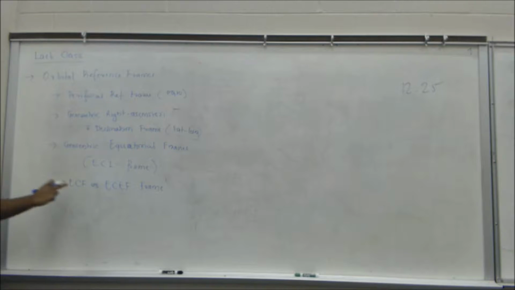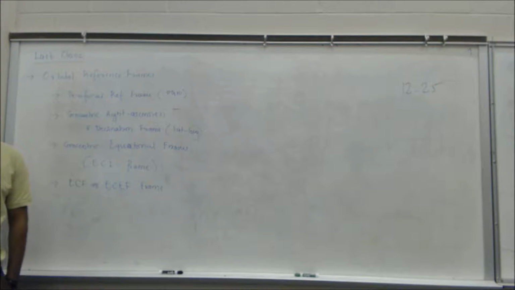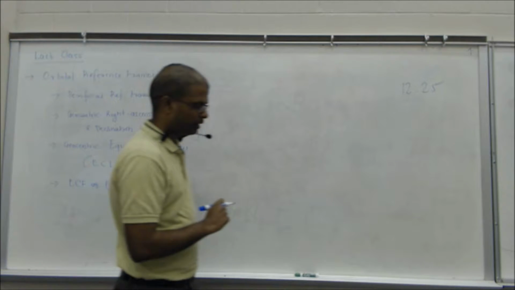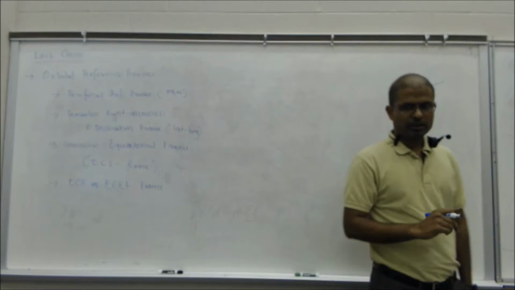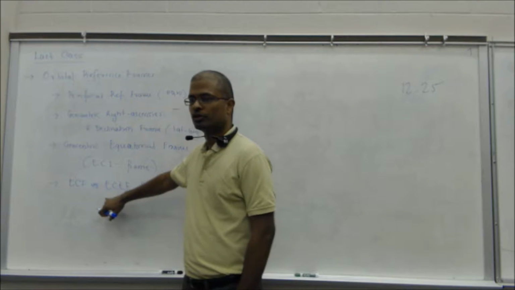The ECF and ECI frames align on the day of the vernal equinox. These two frames align once every 24 hours. So this frame is rotating along with the Earth. Practically, this is more useful.